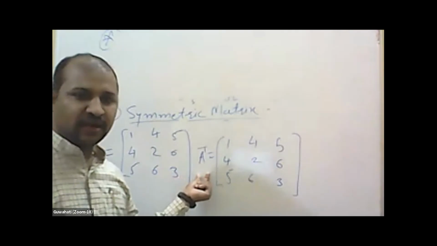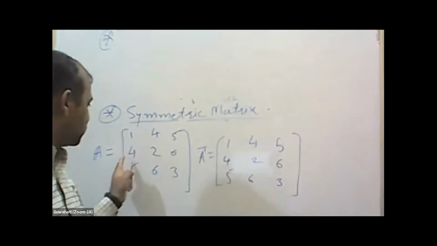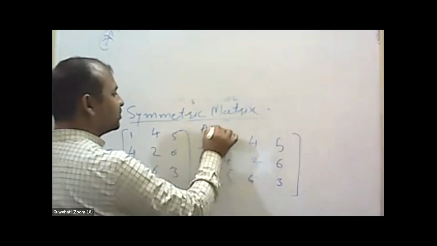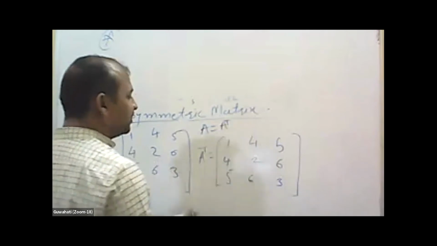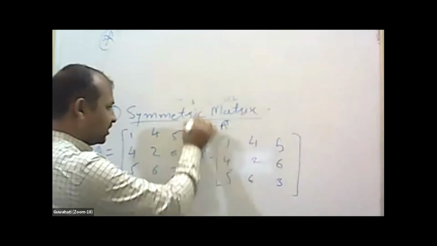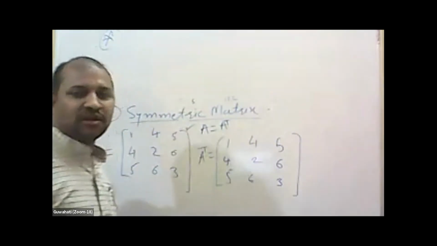After operating transpose on this, if you check, both are the same. Means A is equal to A transpose. This condition is satisfied by this matrix, so we call this matrix a symmetric matrix.